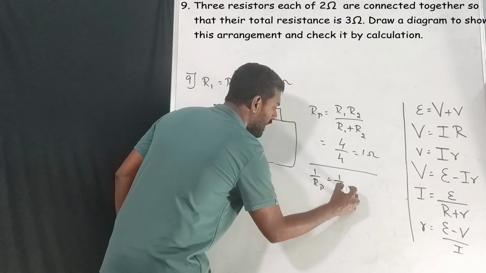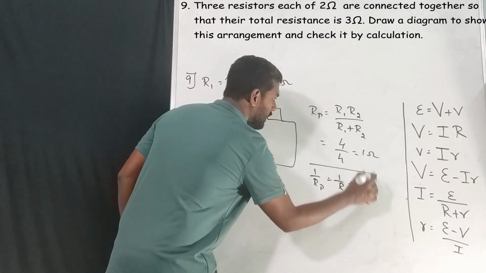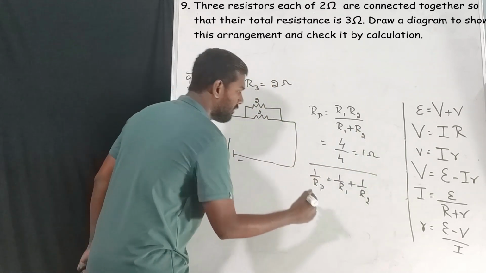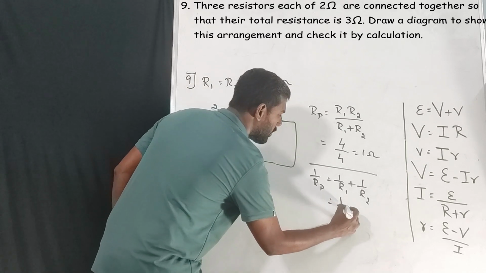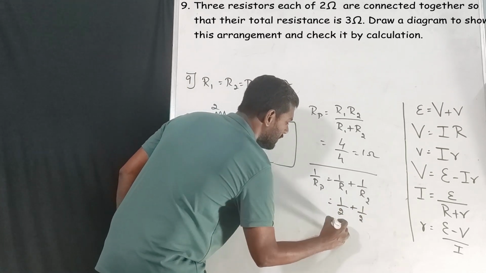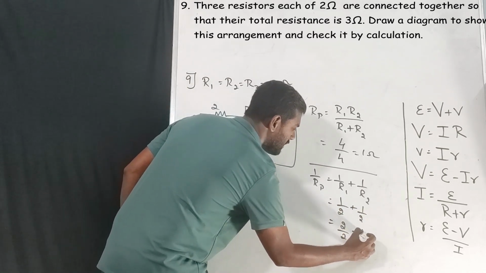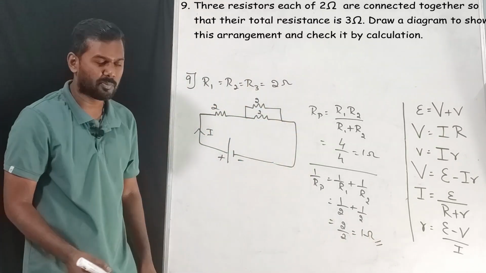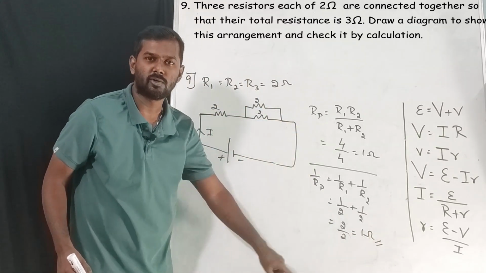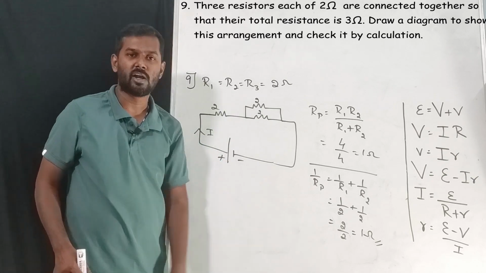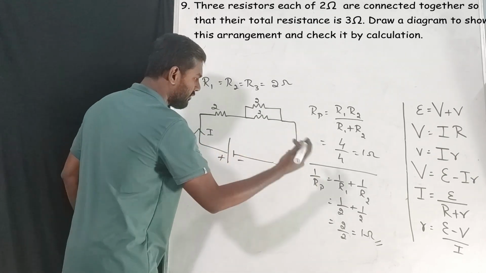RP is equal to 1 by R1 plus 1 by R2. The same thing I am doing in a different way. 1 by 2 plus 1 by 2 will be 2 by 2, that is nothing but 1 ohm. You have to take the reciprocal, but here 2 by 2 is again 2 by 2, so that's why I did not take the reciprocal. The same thing in a different way.